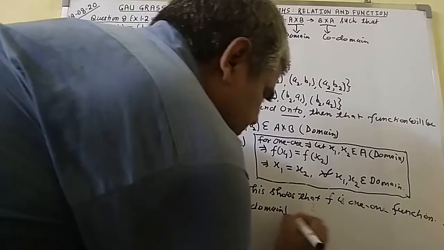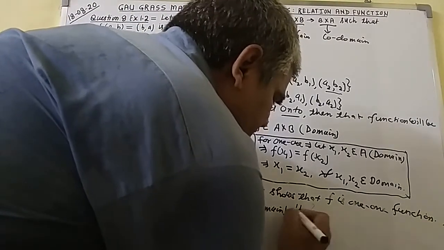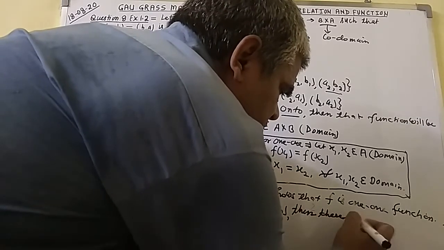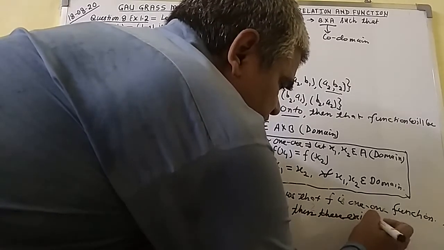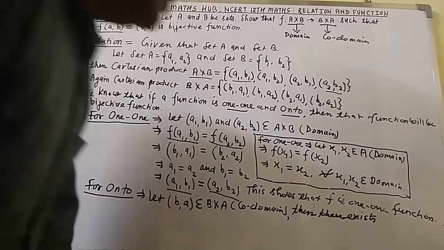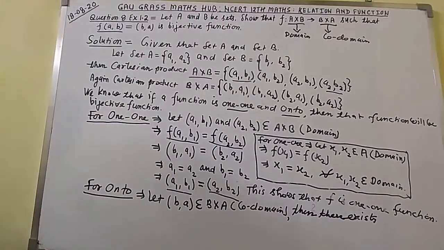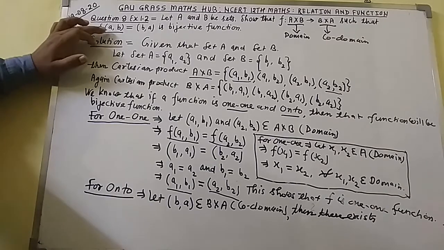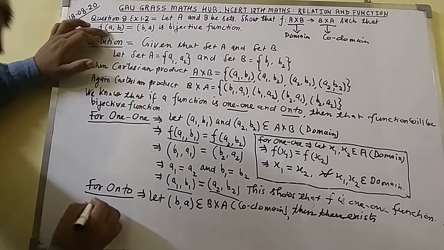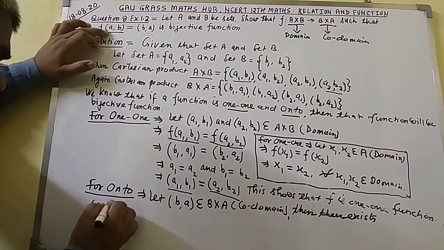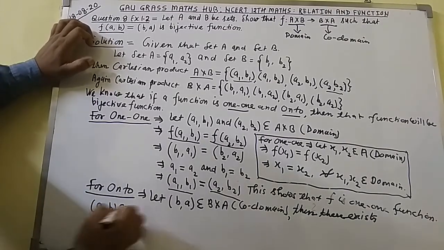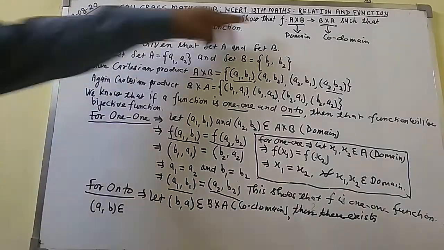Then there exists. Now come to the element of domain. The element of domain you can see here a, b. So here I can write the ordered pair a, b belong to domain.